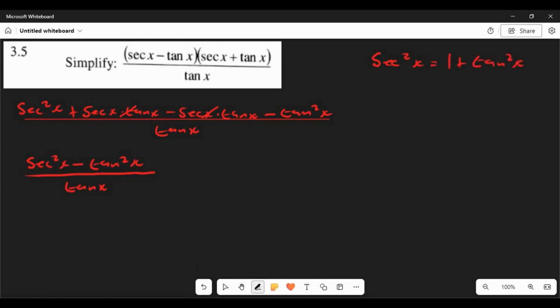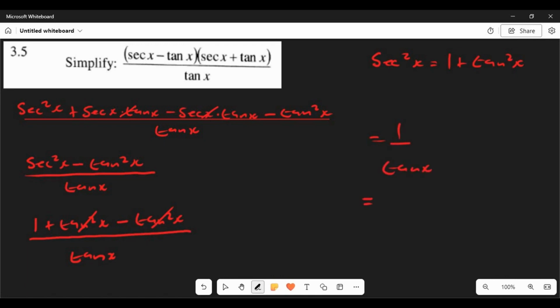So we can substitute sec squared x with 1 plus tan squared x, then minus tan squared x, divided by tan x. In the numerator, we have tan squared x minus tan squared x, so we're only left with 1 over tan x.